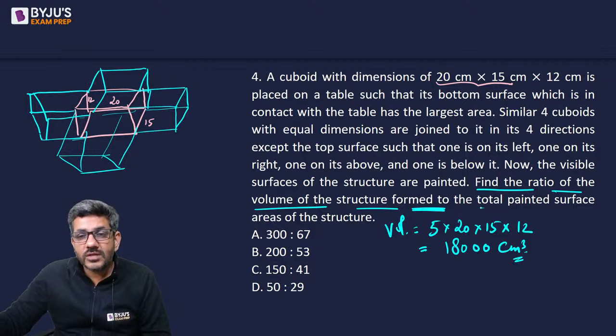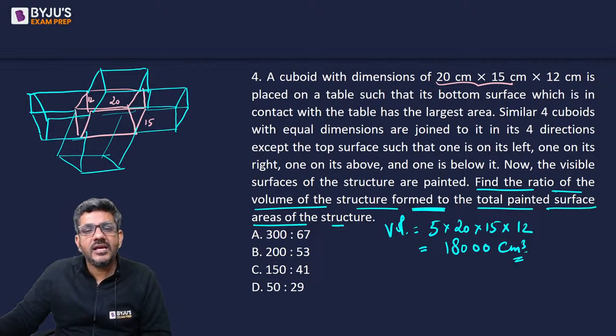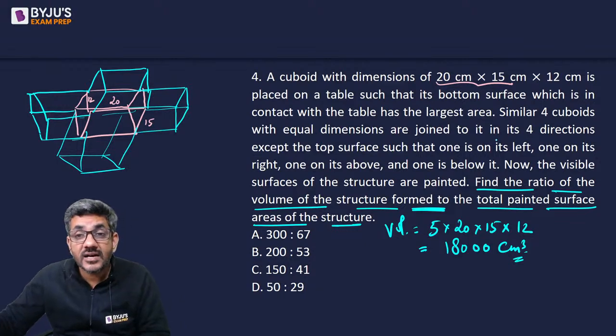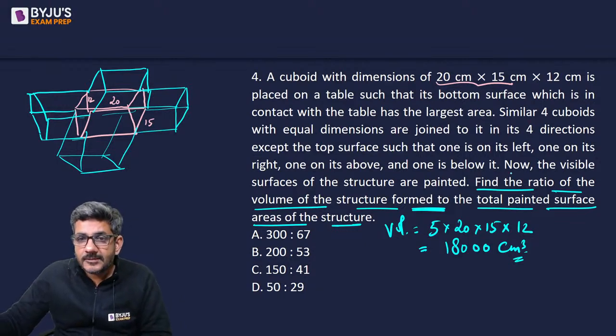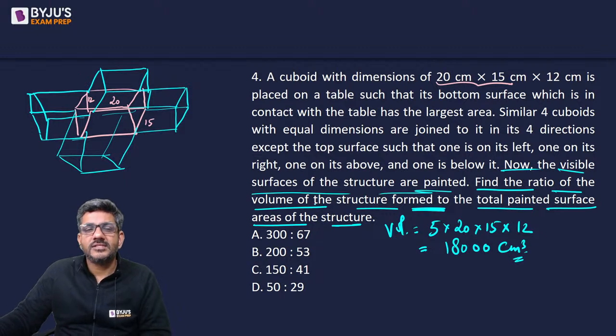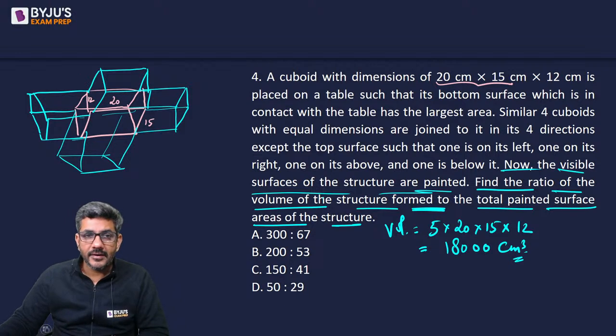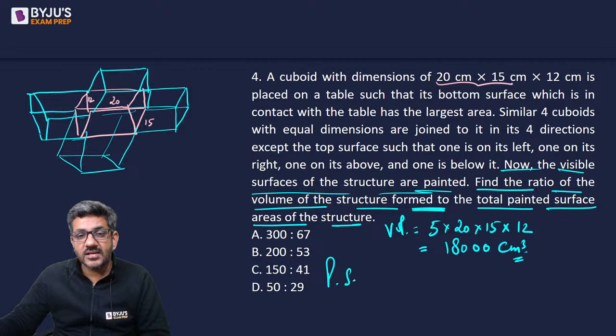I have to find now the total painted surface area of the structure. What is its painted surface area? It was given that the visible surfaces of the structure are painted. Visible surfaces of the structure, they all are painted. So now I have to calculate that area as well, the painted surface area, PSA.